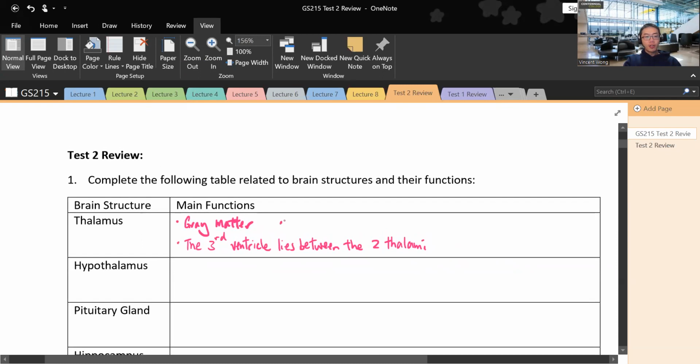In terms of the function of the thalamus, it will filter and relay sensory information to the appropriate lobe area in the cerebrum.